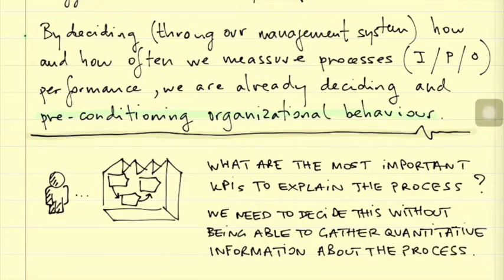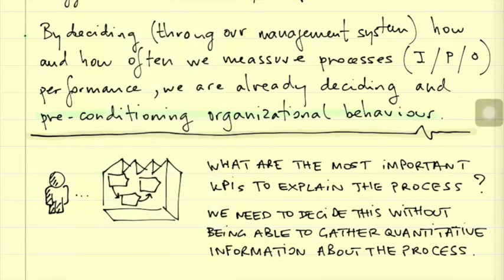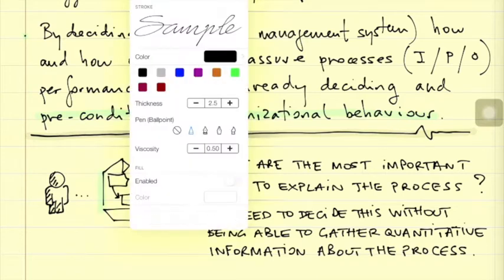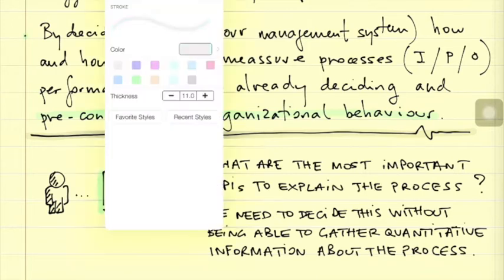So this is a problem. We need to decide what are the most important key performance indicators to measure the process, but we don't have time, or it's too expensive, or before we start, we need to make a decision of what are the most important KPIs to explain the process, but we cannot measure. So what do we do?